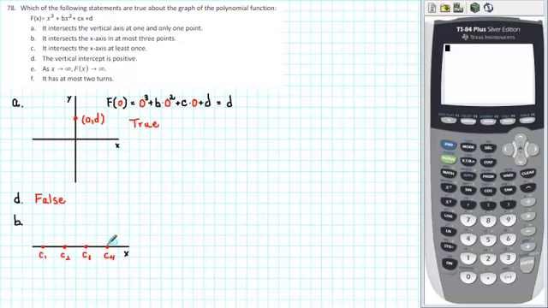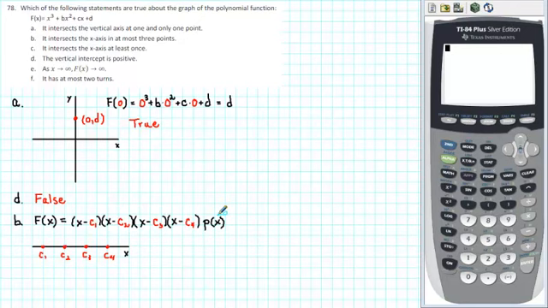Then what that means is that x minus c1 would be a factor of the function, and x minus c2 would be a factor of the function, and x minus c3 would be a factor of the function, and so on. Therefore, our function could be written as f of x is equal to the factor x minus c1 times the factor x minus c2 times the factor x minus c3 times the factor x minus c4 times possibly another polynomial factor.